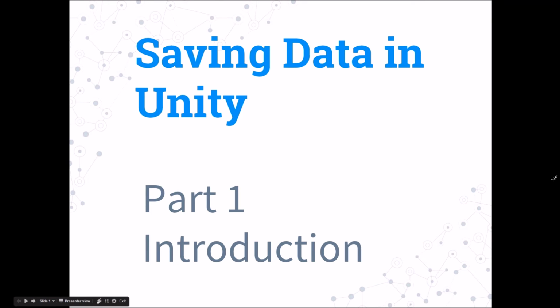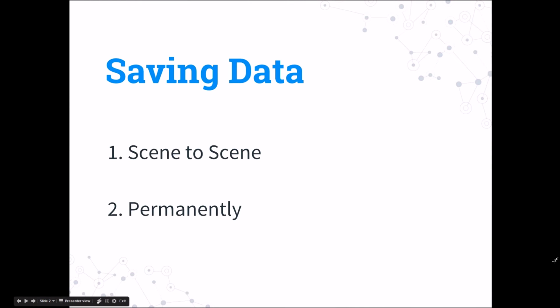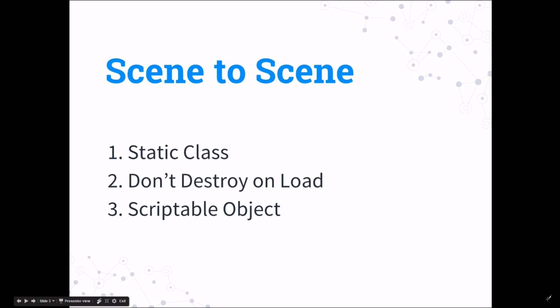In this series, I will be talking about some of the methods that you can employ to save and retrieve data successfully in your Unity projects. The problem of saving data can be broadly divided into two categories: saving data between scenes and saving data between play sessions. And we have various methods for each of these categories.